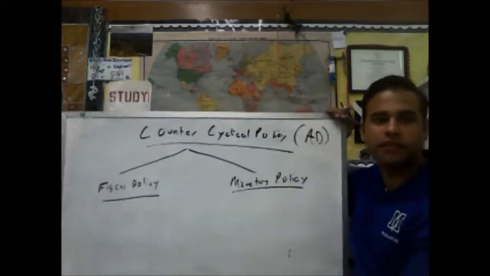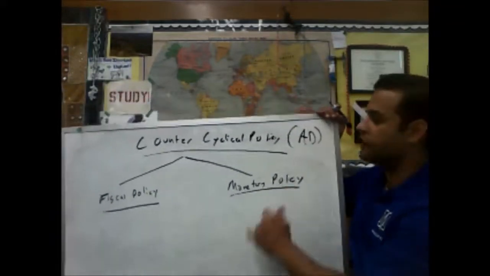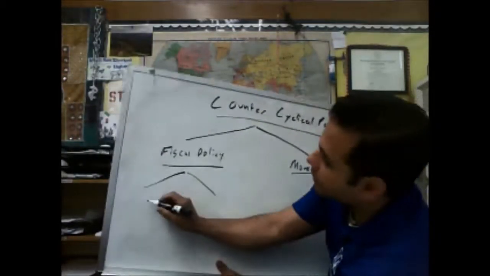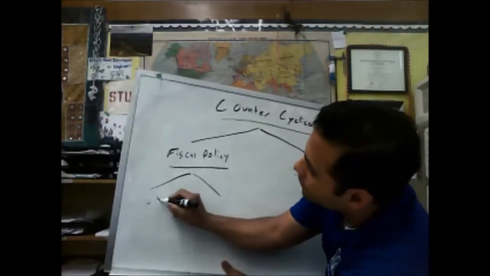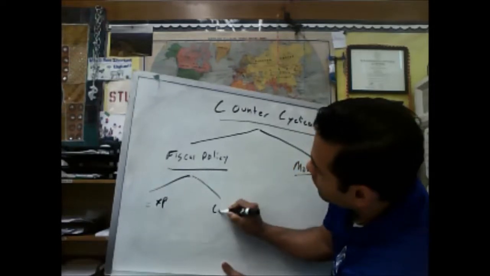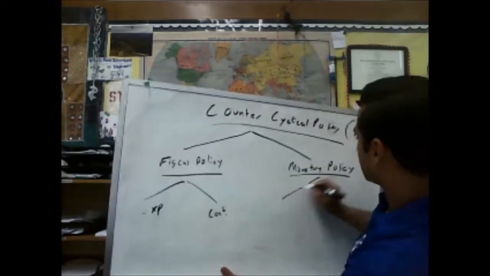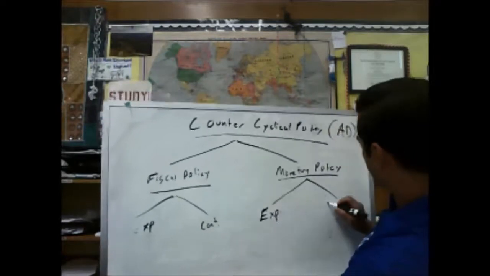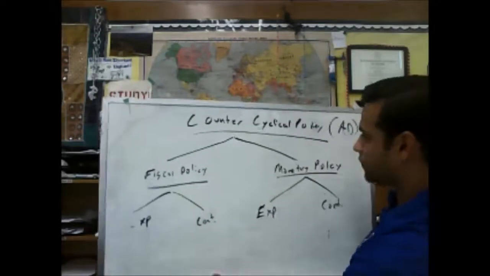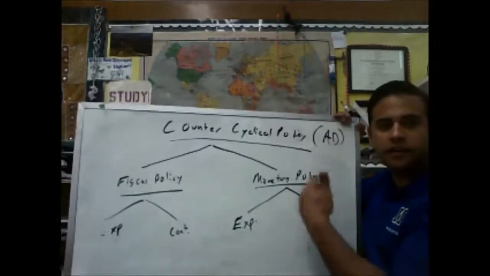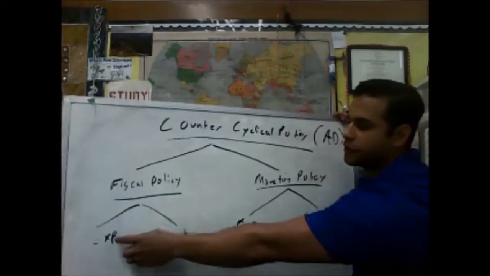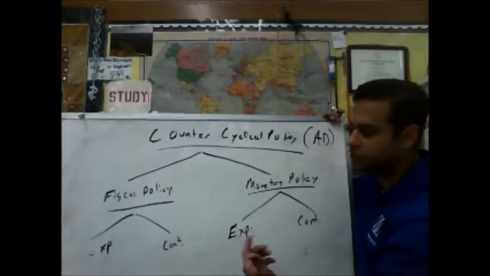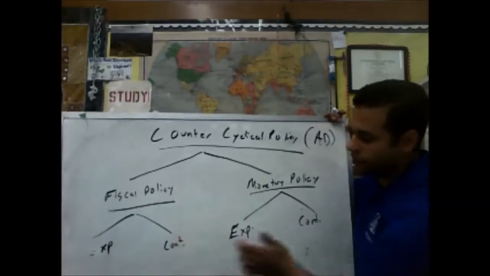These are policies that are going to shift aggregate demand. And for each of these, they can be either expansionary or contractionary, meaning you're going to increase aggregate demand with your expansionary policies. You're going to decrease aggregate demand with your contractionary policies.